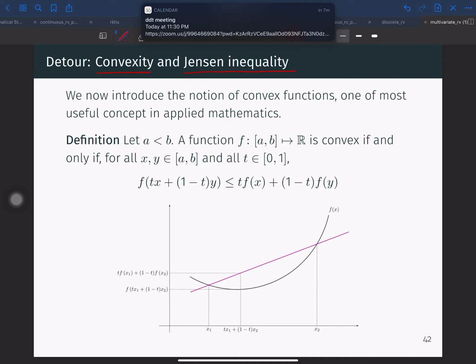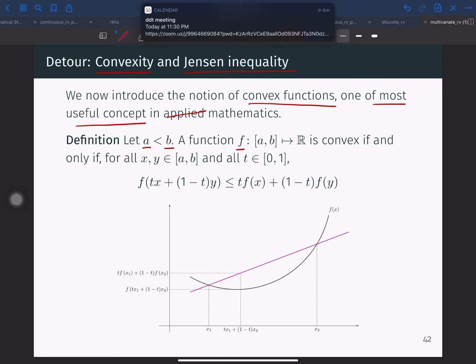The notion of convex functions is one of the most useful concepts, I think, in applied mathematics, or not even applied, just mathematics in general. So we will define a convex function in a very simple case for the interval, but you can define convex functions in general for other kinds of sets, such as convex sets. In any case, for an interval, let a be less than b.